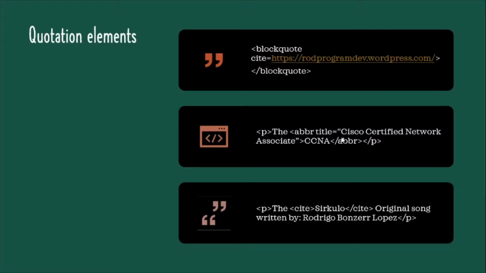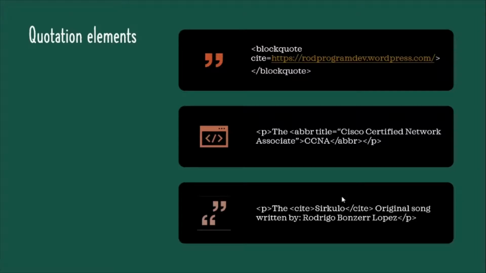And the abbreviation element is used for defining abbreviations or acronyms, like, for example, Cisco Certified Network Associate, we have here CCNA, or HTML, Hypertext Markup Language, CSS, Cascading Style Sheets. And here we have the cite element, with a song title, original song written by me.